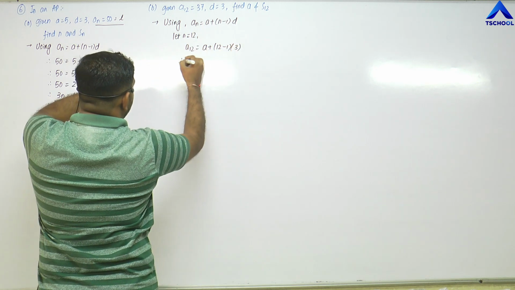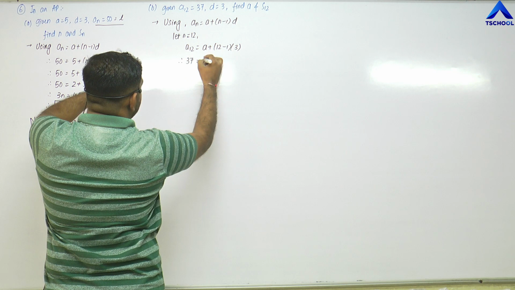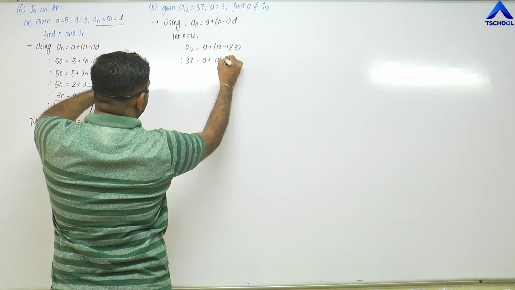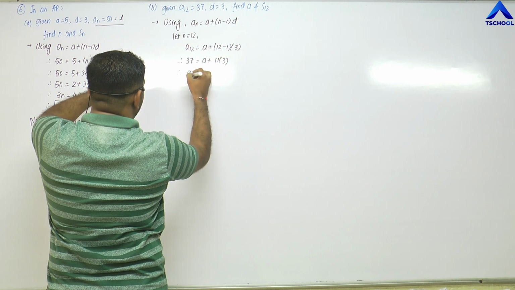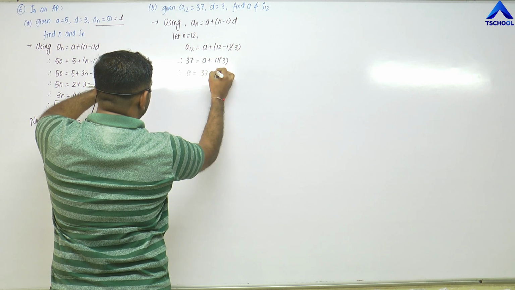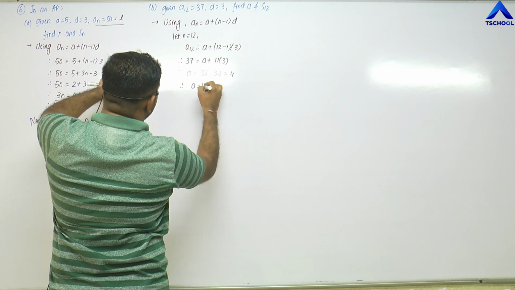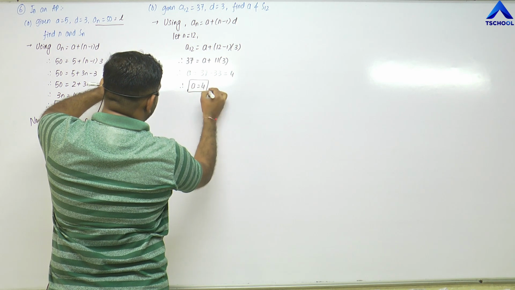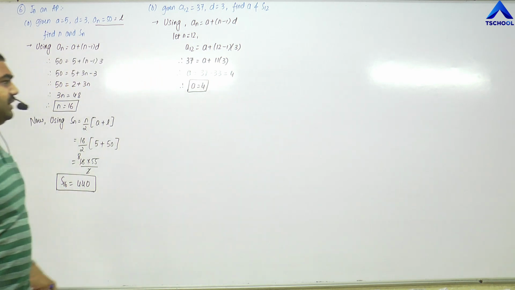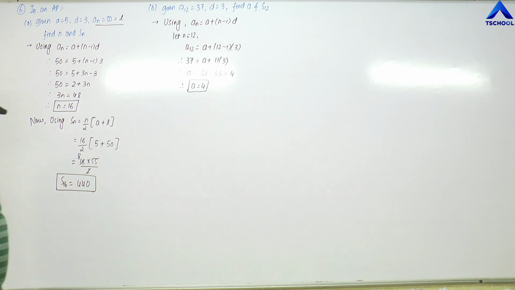What is A12 given? That is 37 is equal to A plus 11 into 3. Therefore A is equal to 37 minus 33, equal to 4. So we got A is equal to 4 here.